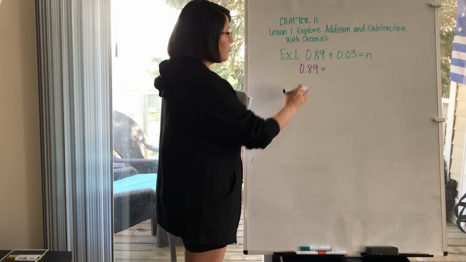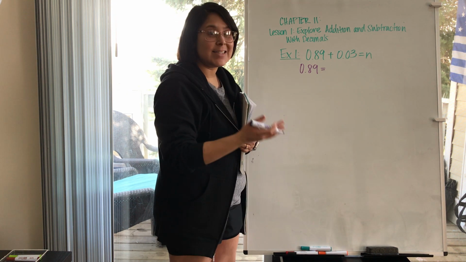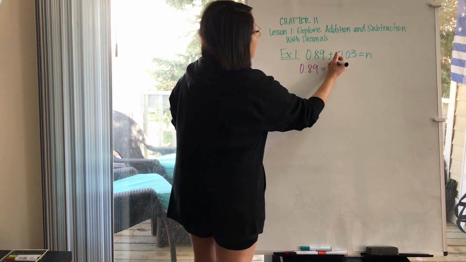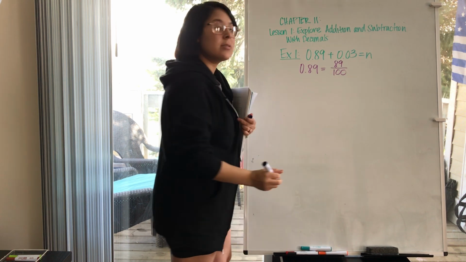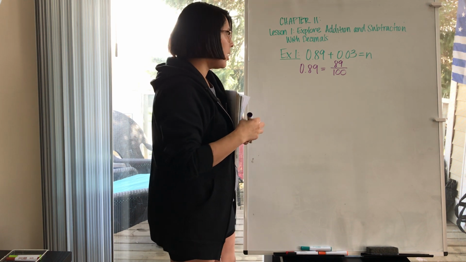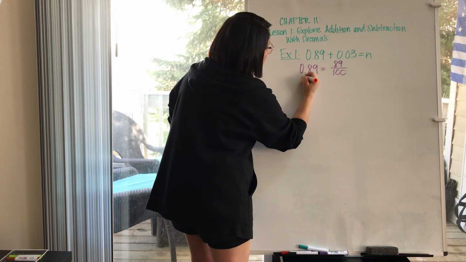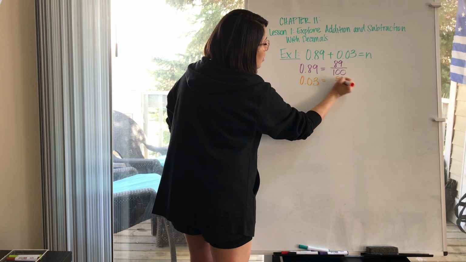I say 89 hundredths. Now I need to write it that way with a fraction. 89 hundredths. Easy peasy. Okay, 89 hundredths. Next one. 0.03 is 3 hundredths.